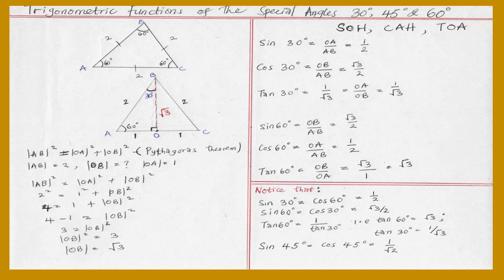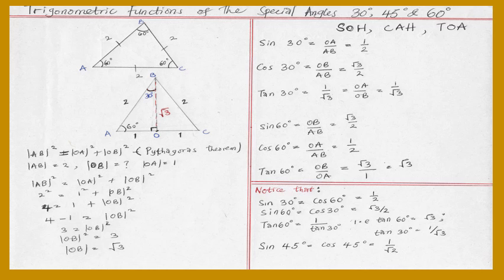How about sine 60? Sine 60 is going to be opposite, which is root 3 here. Root 3 is opposite angle 60, over hypotenuse. Our hypotenuse is 2. So sine 60 is going to be OB over AB, which is root 3 over 2. How about cos 60 degrees?